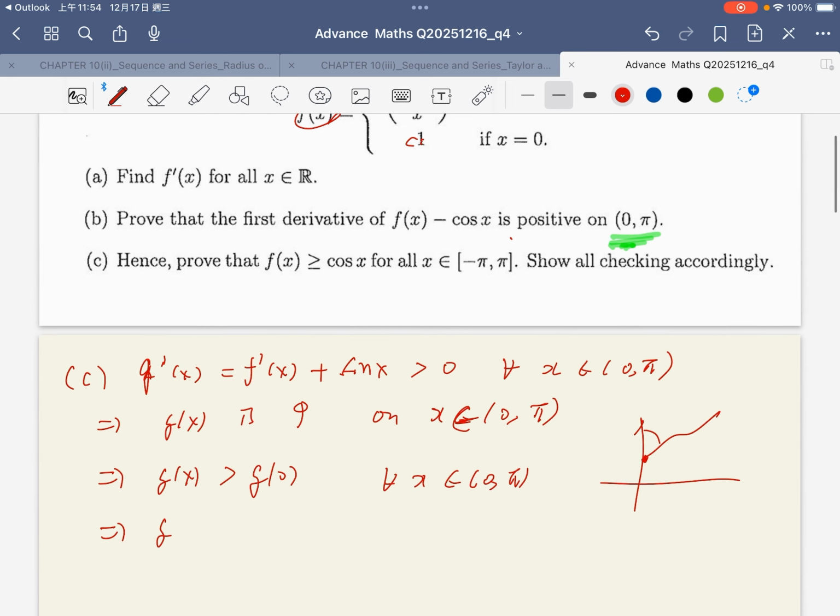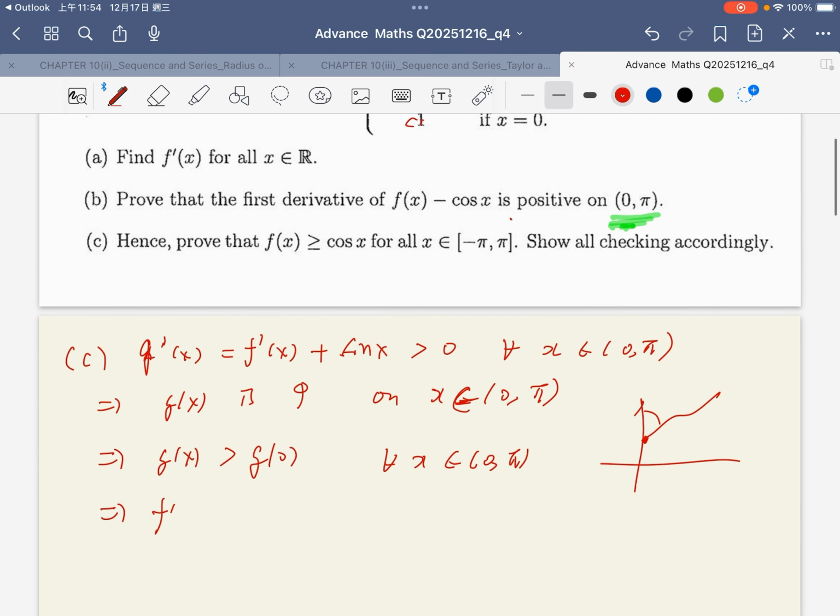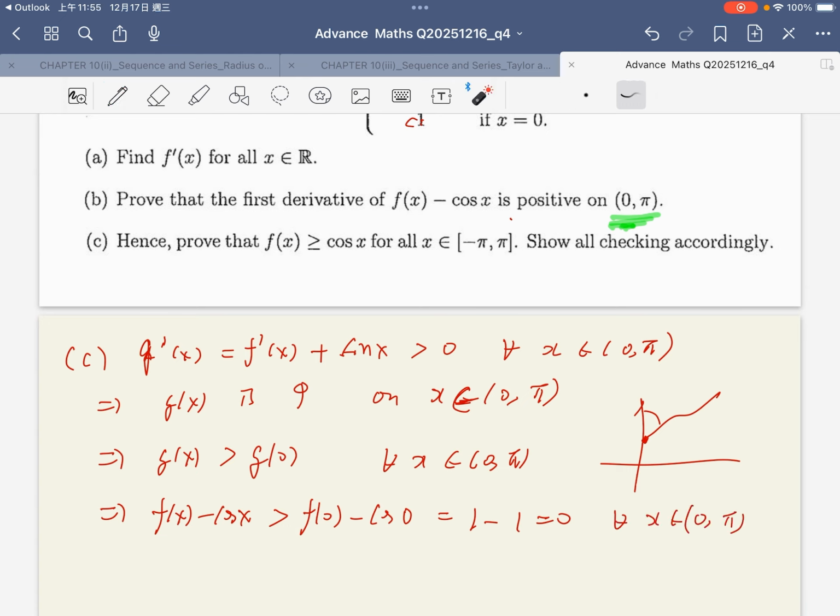And let me see, g(x) is this one, f(x) minus cosine x, greater than g0, which means f0 minus cosine 0. f0 is 1, cosine 0 is 1, that is 0. That means this function f minus cosine is greater than 0.